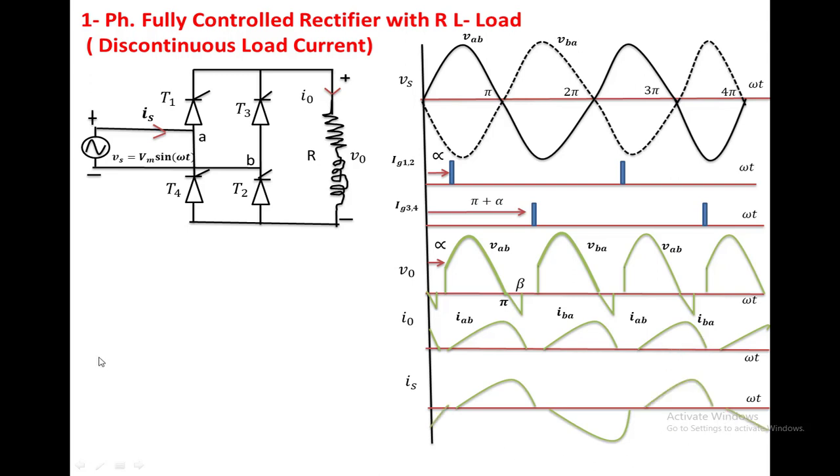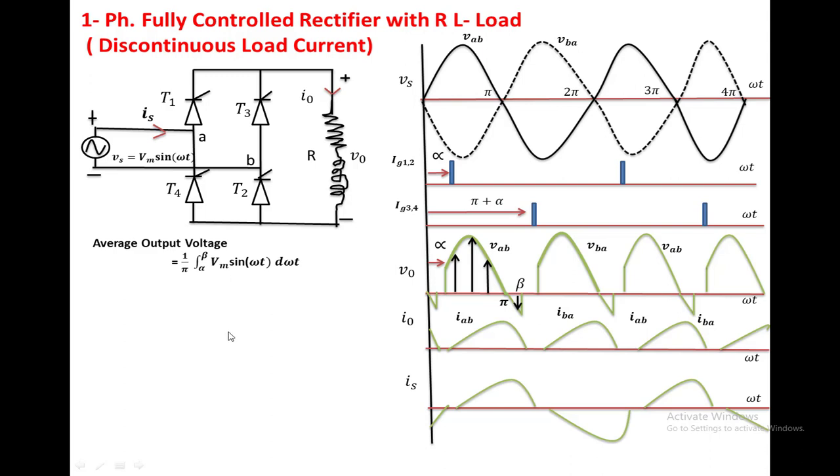Now we have to find the average output voltage. The waveform from alpha to pi plus alpha is repeating, so the baseline becomes pi. Now I have to find the area under this curve, and to do that we use integration. So the average output voltage is equal to 1 by pi, integral from alpha to beta of Vm sin omega t d omega t. This integration gives the area under this curve.